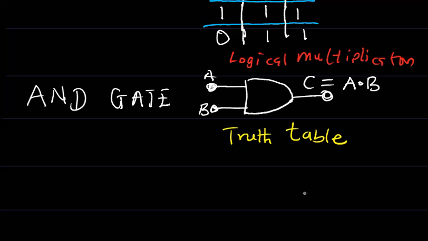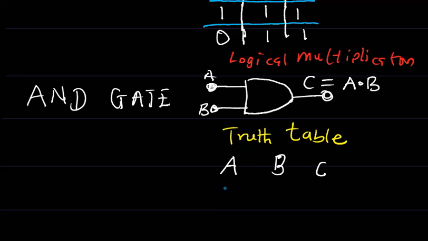It takes two inputs and of course delivers one output. So let's look at the truth table. The input A and of course B, then we'll have the output. Let's look at different combinations.